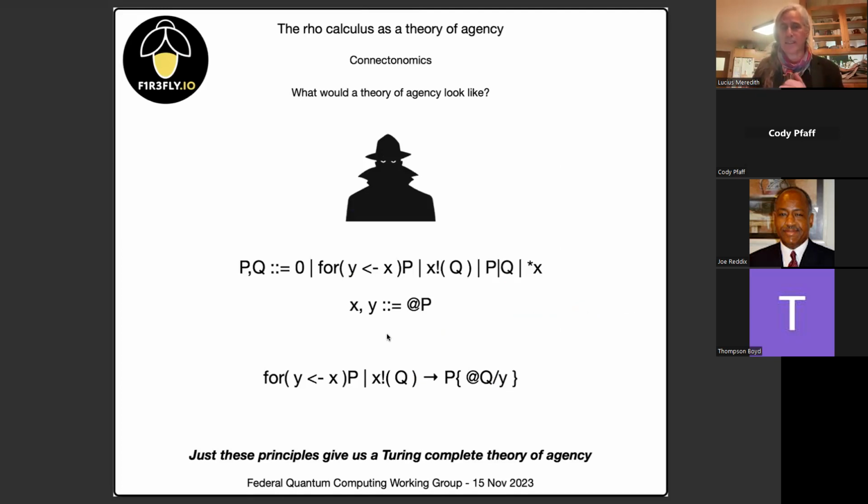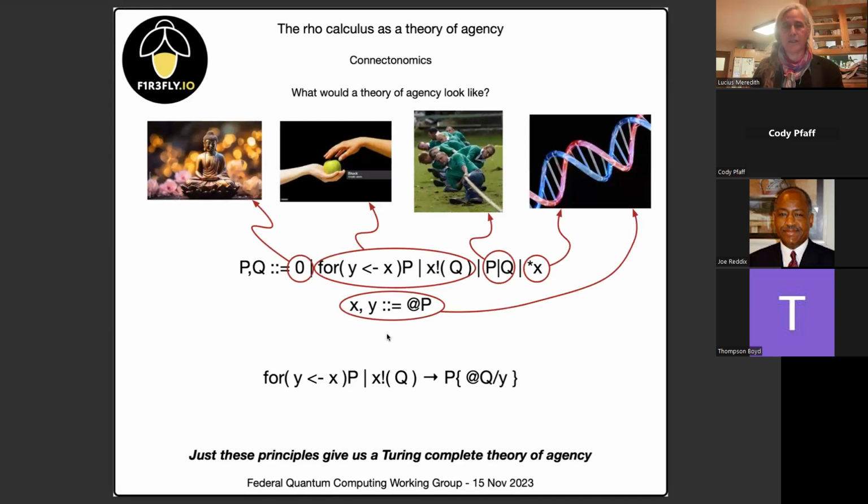So the rho-calculus is teeny tiny. There it is on the page. There are a few equations that I've left off, but they don't make it much bigger than this. Rather than read off from here, I'm going to relate them back to our pictures. Processes, you can think of them as programs, and we're going to use P and Q to range over them. A process is either the process which does nothing, except provide stillness and emptiness.